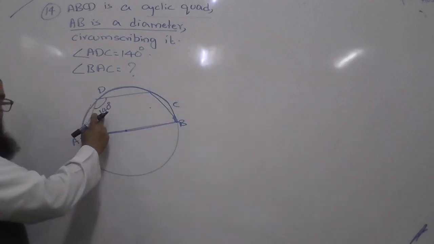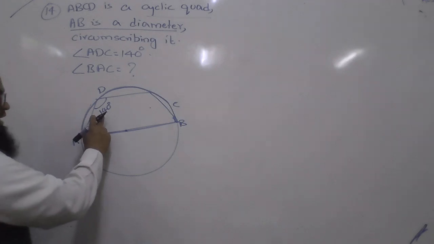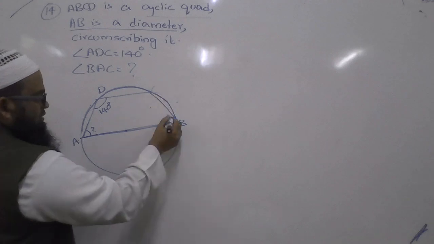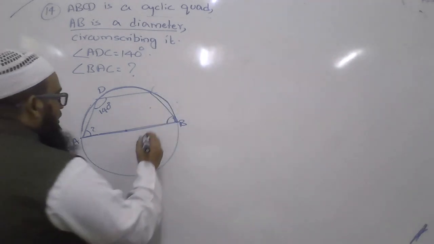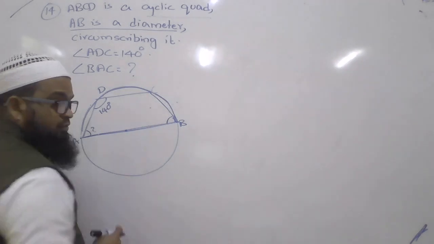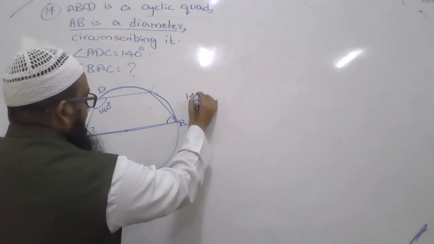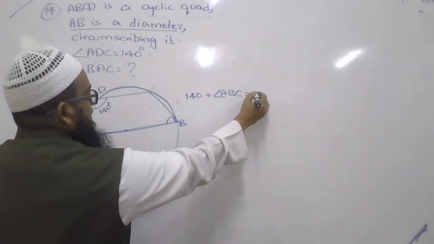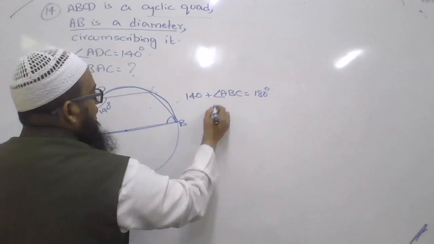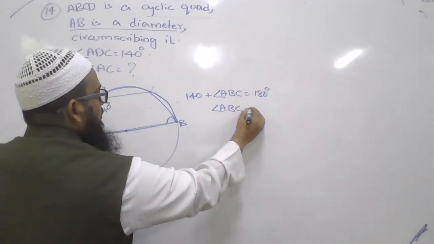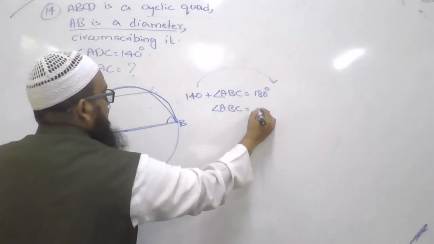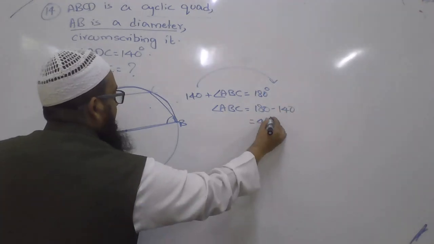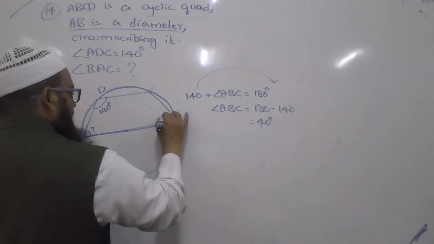So the sum of these two is equal to 180 degrees. So 140 plus angle ABC is equal to 180 degrees. Therefore angle ABC is equal to 180 minus 140 when you transpose. So that is equal to 40 degrees. So we got this as 40 degrees.